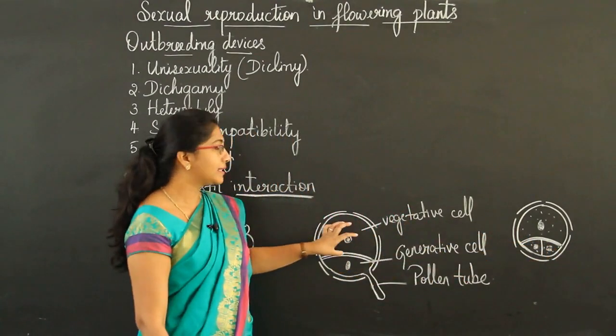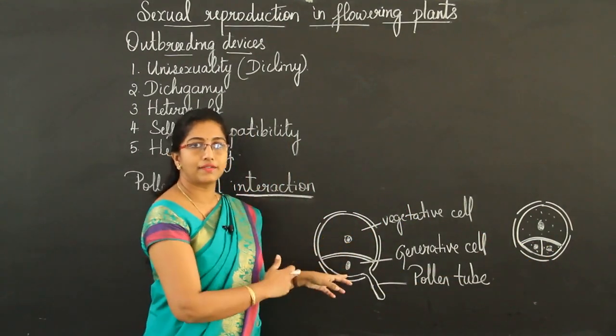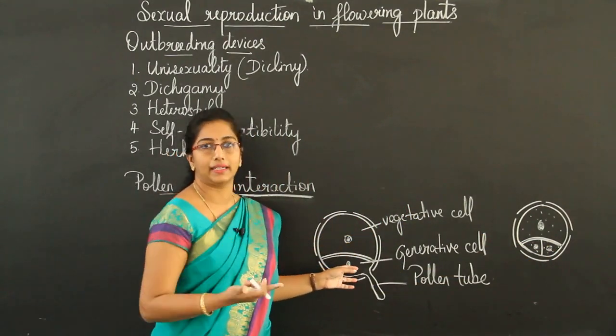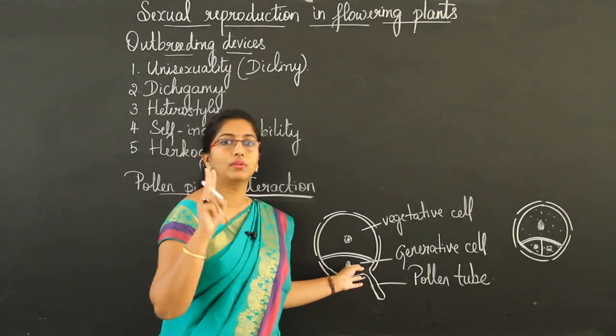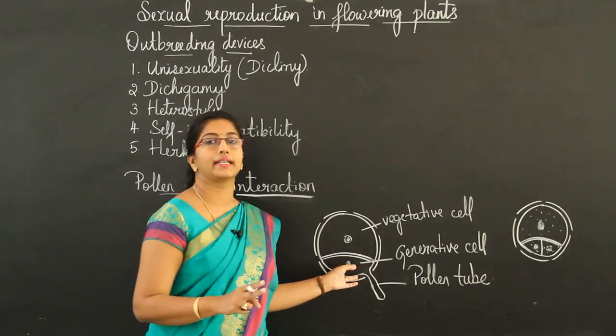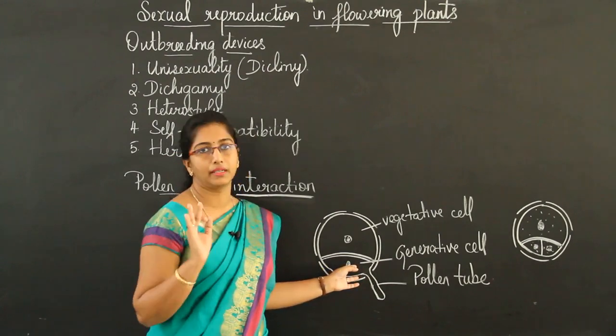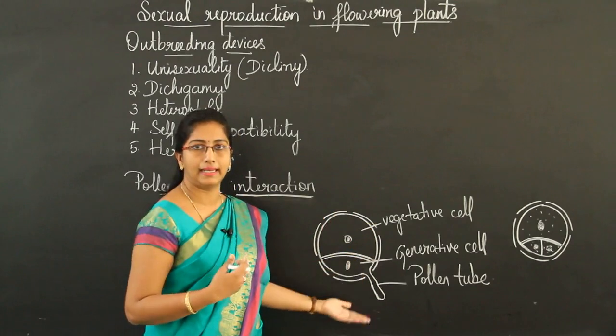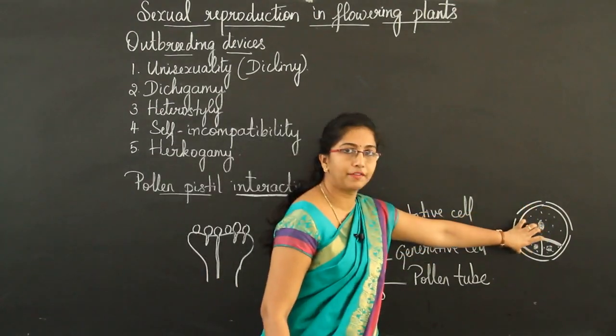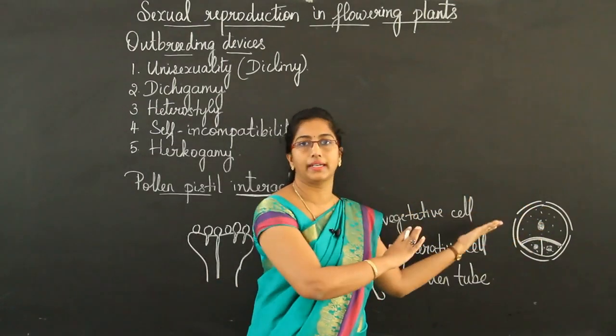Whereas in the other type of pollen, this division is happening late. That's the only difference, but finally there will be 2 male gametes.